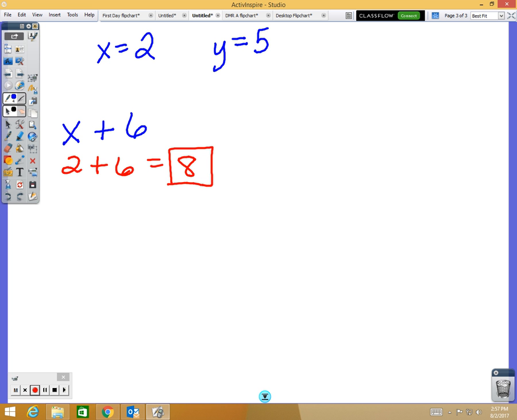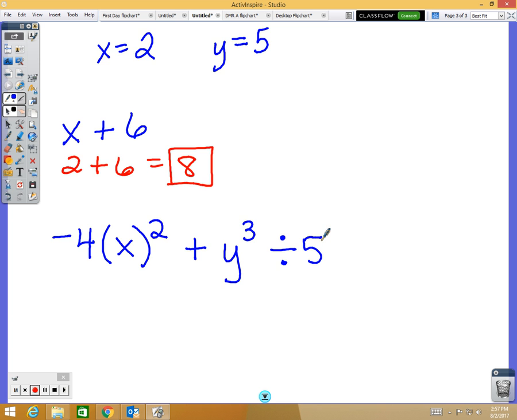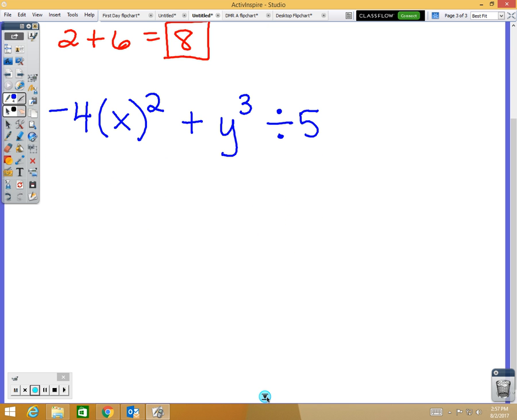Let's do... Again, x equals 2, y equals 5.